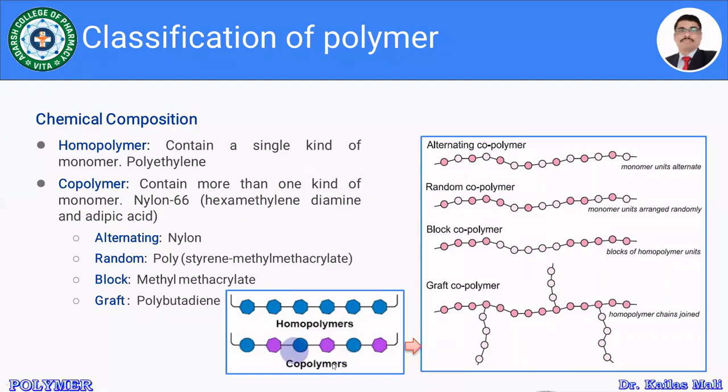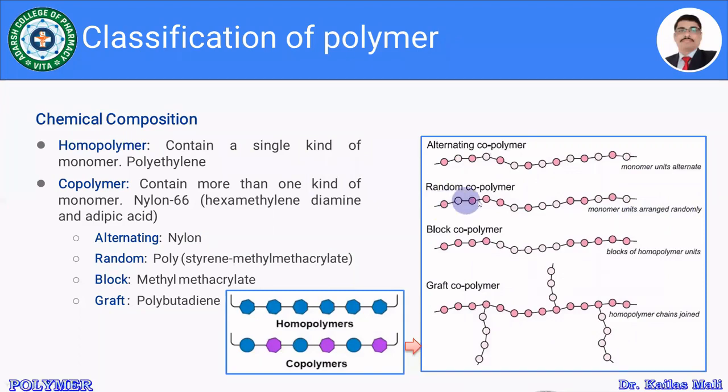So copolymers are furthermore classified into the alternating polymers. Here the monomer units are alternate, isn't it? Arranged as alternate, then it is said to be the alternating polymer, for example nylon. In the case of random copolymer, the monomer units are arranged randomly.